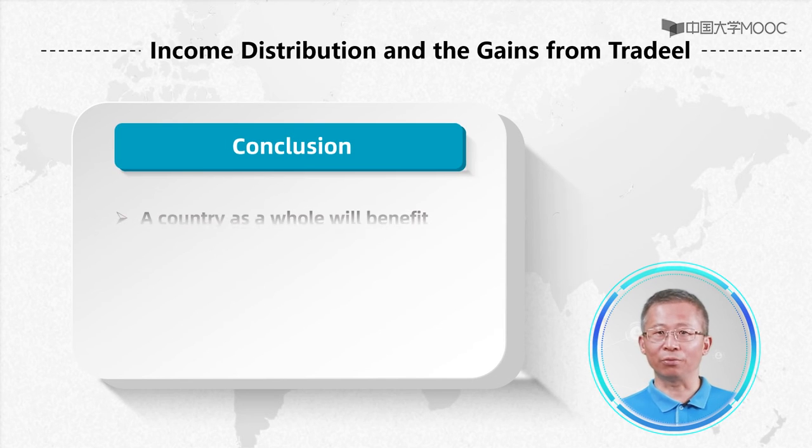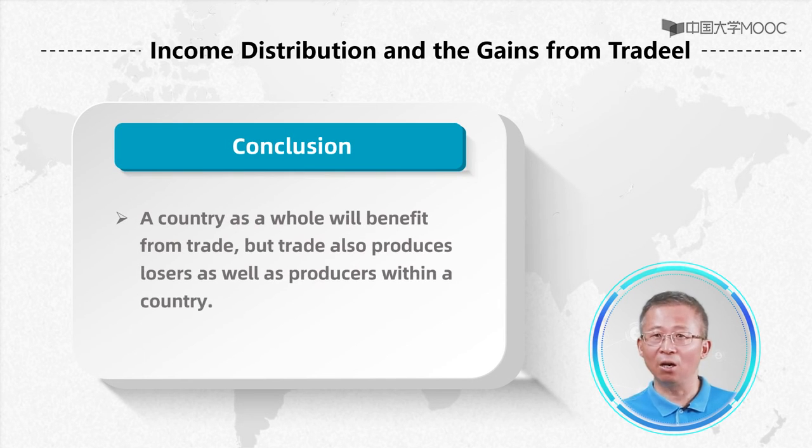In conclusion, a country as a whole will benefit from trade, but trade also produces losses, as well as gains, within a country. Now, we can easily understand why some groups support free trade, while other groups will oppose free trade.